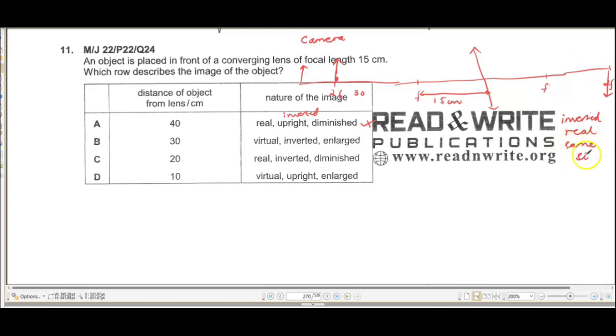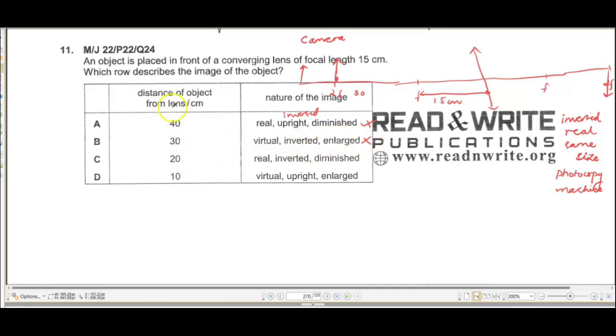Okay, this is the example of using a converging lens in a photocopy machine. Okay, so let's look at the attributes of the image. It's going to be virtual, inverted, and enlarged. No, it's going to be real, inverted, and of the same size. So this is also not correct.